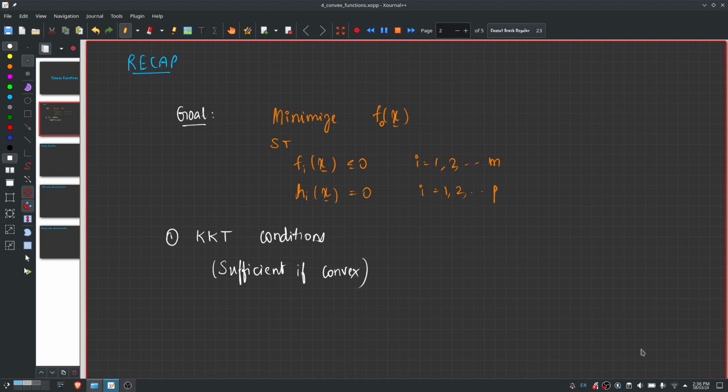In the last few classes, we looked at the following class of optimization problems. It's a general class of optimization problems that could be stated as one of minimizing a function f0 of x subject to a bunch of inequality and equality constraints.